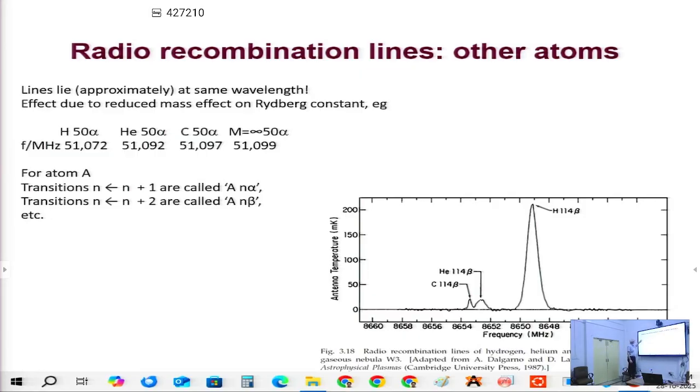For hydrogen, this is 51.51072 megahertz, then 51092, 51097, and when you get to infinity, it's 51099. So the difference between this and this is really very small. They eventually all end up just on top of each other. But you can still distinguish helium and hydrogen and carbon using this method, and presumably anything lighter than carbon. Boron and beryllium and lithium are all pretty rare elements.